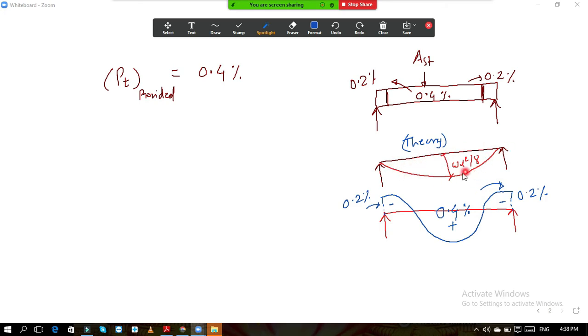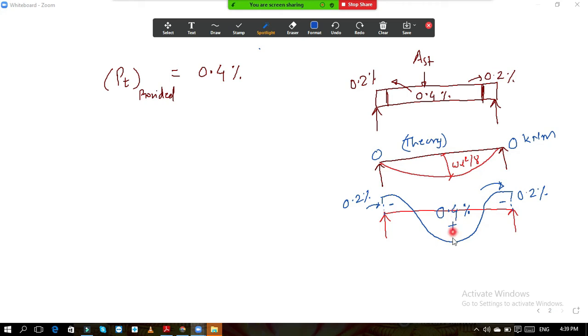According to this theoretical bending moment diagram, there is a zero bending moment at the support. You say that the bending moment at the support is 0 kilonewton according to this theoretical bending moment diagram. But this is not the case in practice. Okay, so this is the bending moment profile.